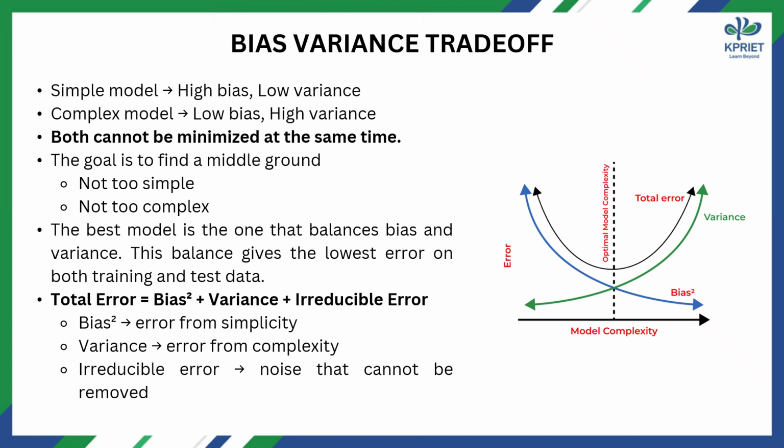The best model is one that balances bias and variance. This balance gives the lowest error on both training and testing data. The total error is equal to bias squared plus variance plus irreducible error: error from simplicity, error from complexity, and noise that cannot be removed.